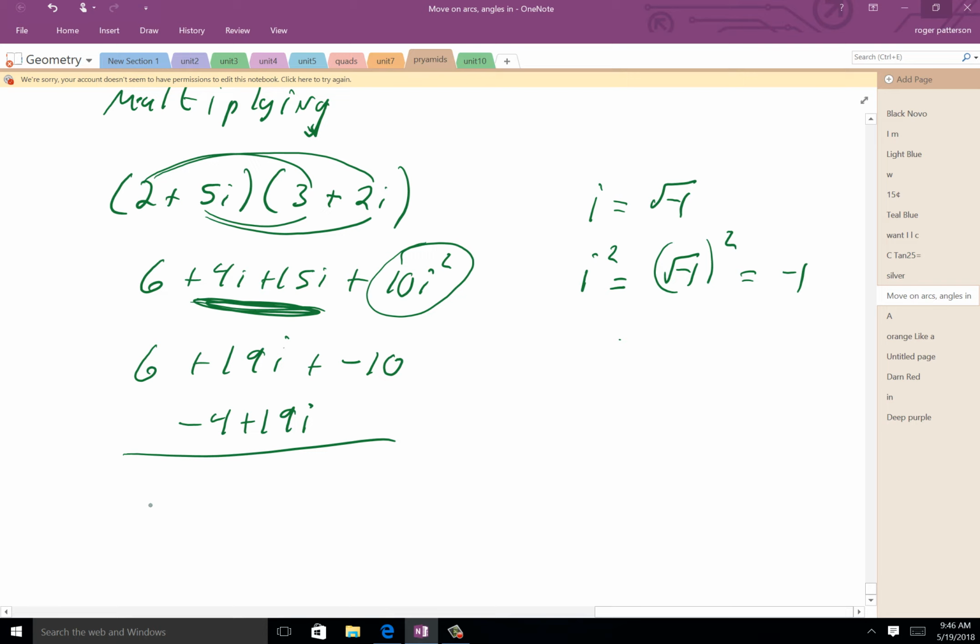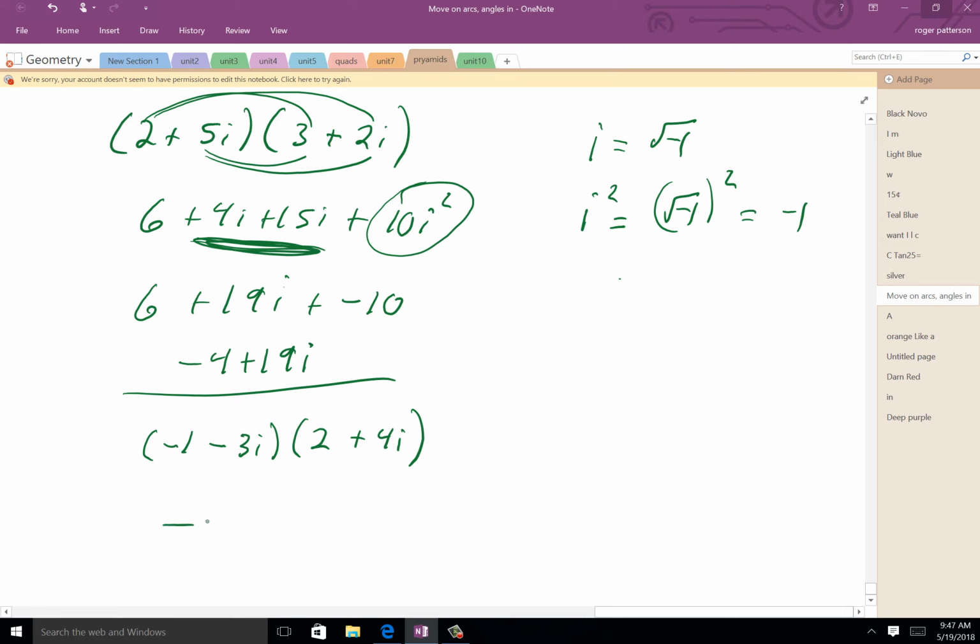So if we have a negative 1 minus 3i, and we're going to multiply that by 2 plus 4i, again, we're FOILing here. And you should be really good at FOILing. Obviously, you are. So minus 4i, minus 6i.